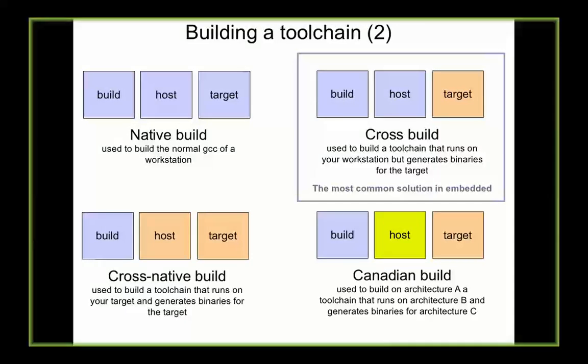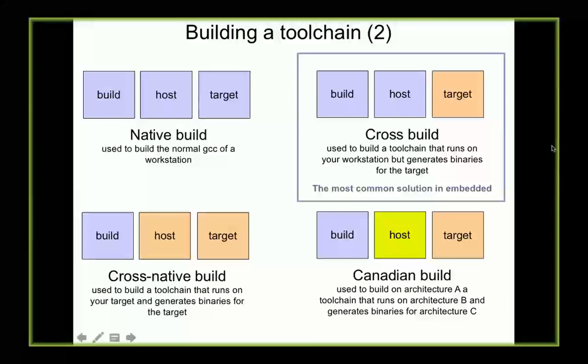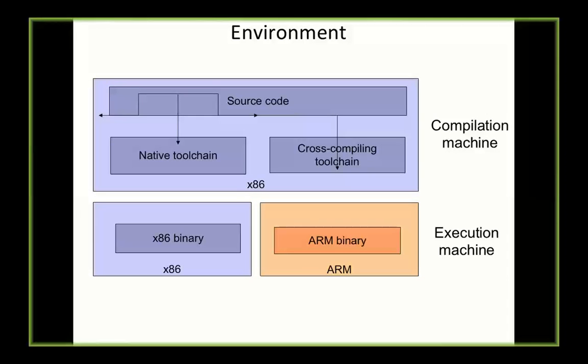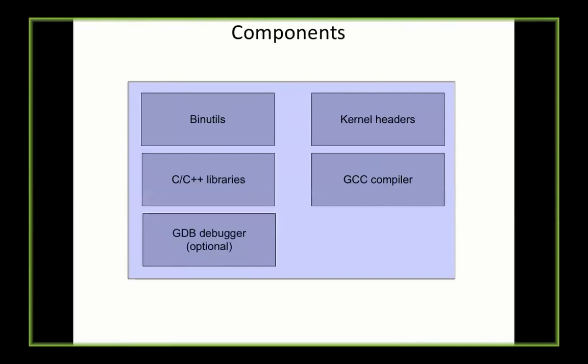The host is a PC, and we use some build system via which we create the target-specific application. The compilation machine will be a PC based on Intel x86 architecture, but the output you generate will not run on x86. It will be targeted for ARM architecture. So you need to find a way to push your application from your PC to the target architecture, and that's what is called cross builds and testing.